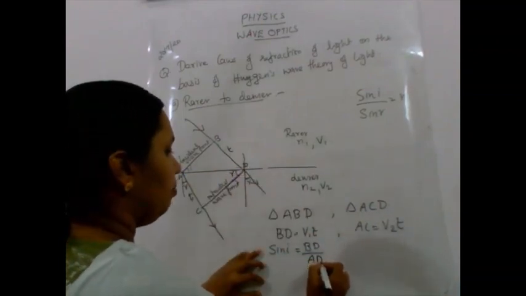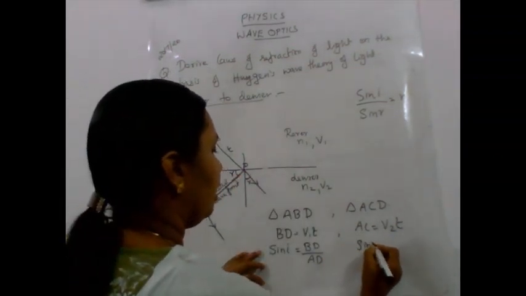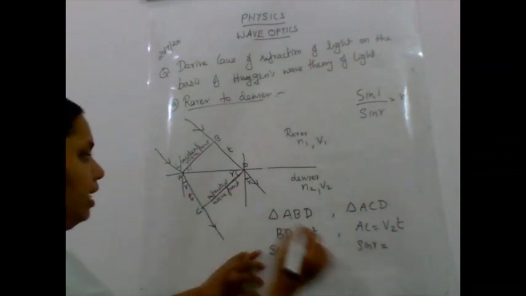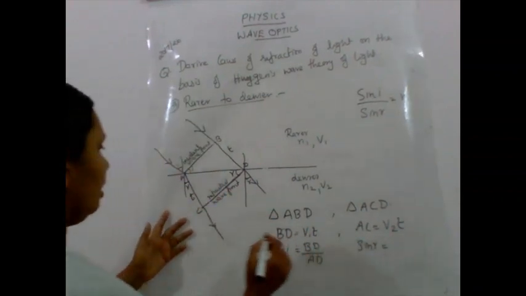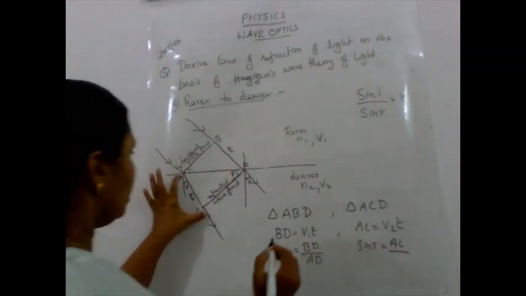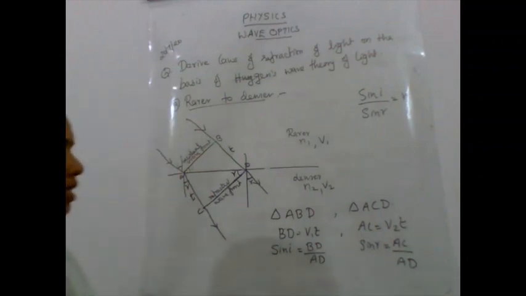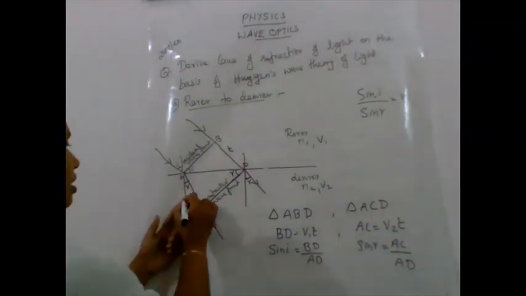And from this triangle, sin r is equal to AC by AD.